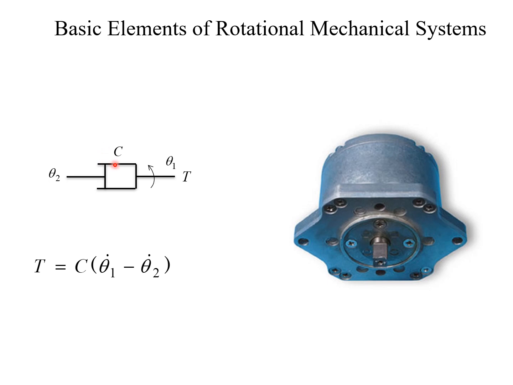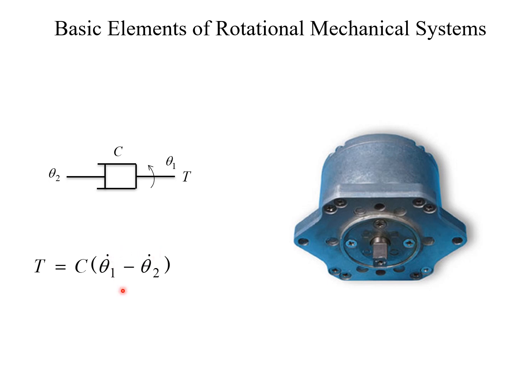In a few books it is represented as B also, and the resultant torque T is equal to C into angular velocity. Angular velocity is nothing but the derivative of the angular displacement. Here a dot indicates the first derivative with respect to time.